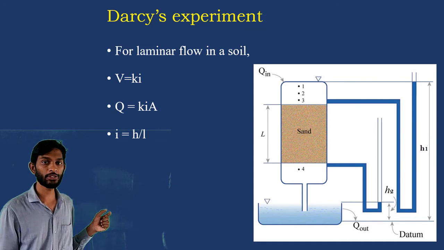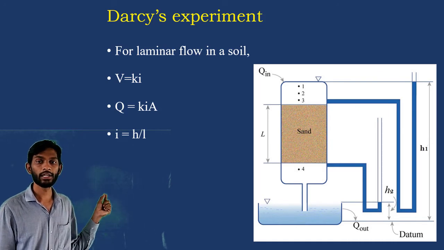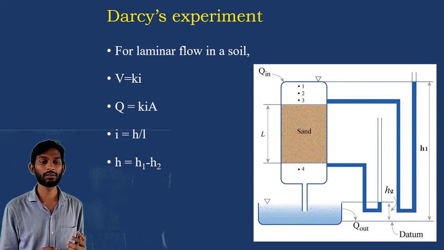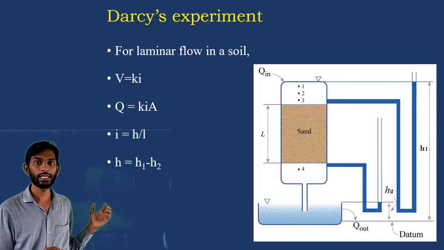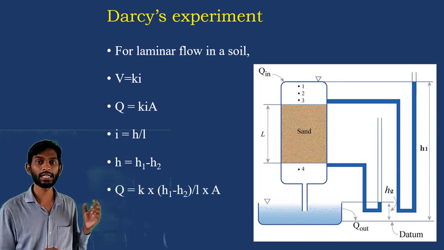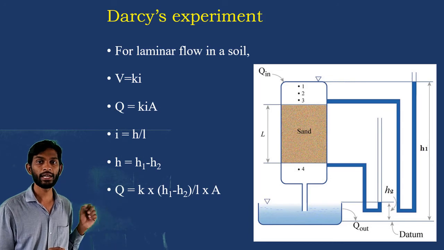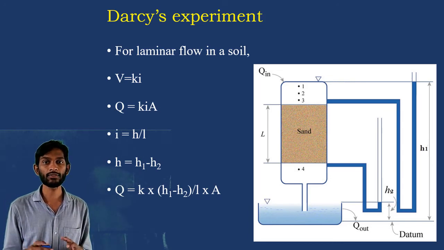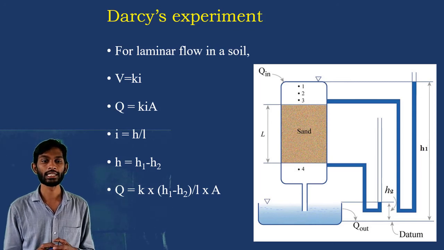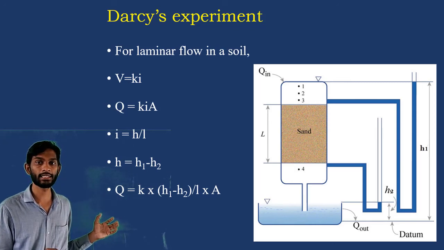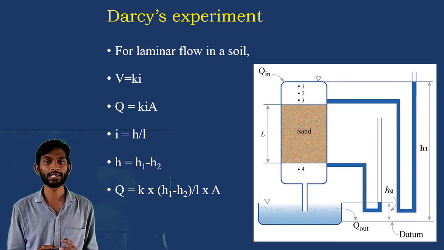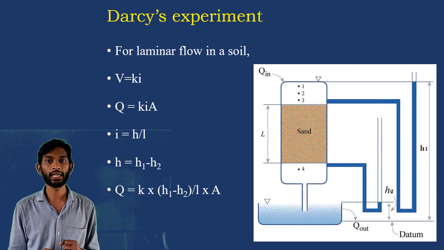So if you substitute the value of H in the Q equals KIA condition, it will become Q equals K into H by L, where H is H1 minus H2, divided by L, where L is the length of the soil sample, multiplied by the area of the soil sample. And that is how he derived the relation between the discharge and the velocity of flow, which is given as Q equals KIA.